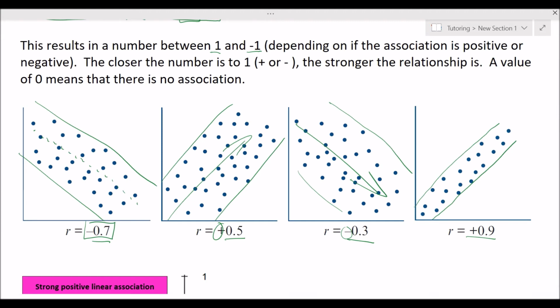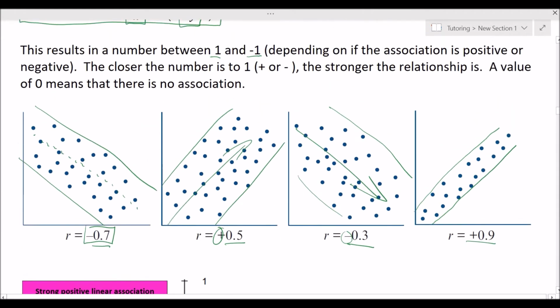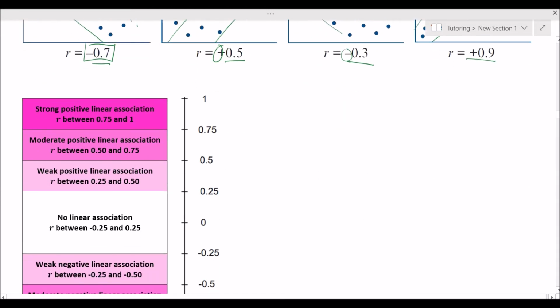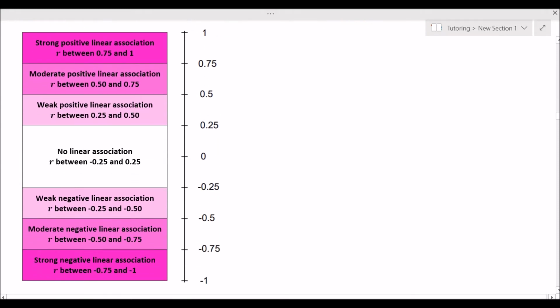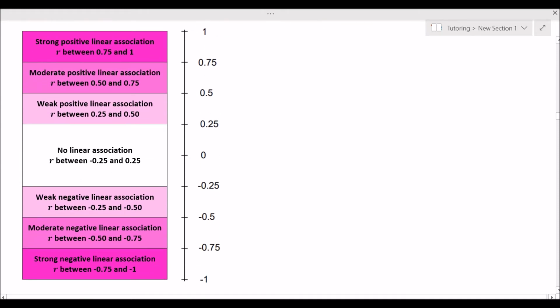Now, how you classify the strength of the relationship as strong, moderate, weak, or no association can be based on the correlation coefficient. So we've got this little table here.